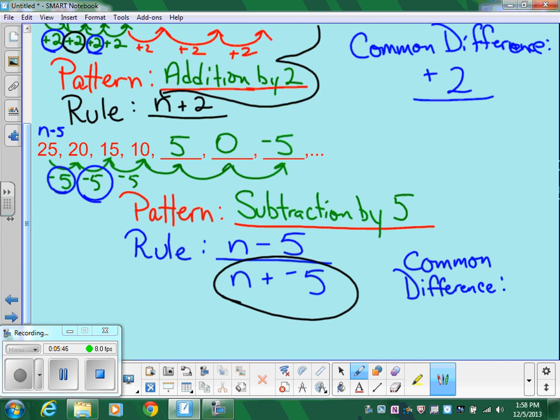So our common difference in this particular situation is -5. That is why we wrote this rule in this manner. Because we are taking the previous term, represented by n, and we are adding -5 to it each time as our fixed amount.